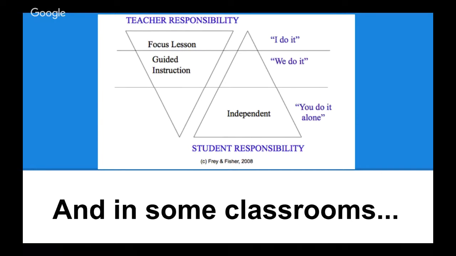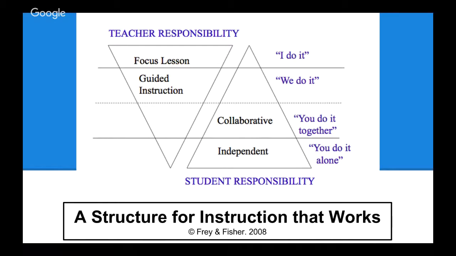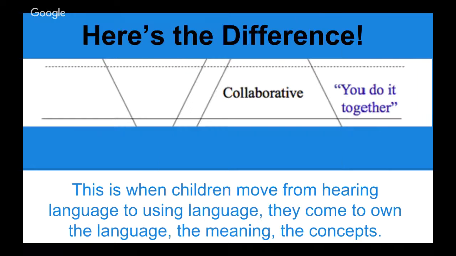So a lot of us got good at the focus lesson, the guided instruction, and then the independent. But what they found was that kids didn't have the transfer that they needed. And so they added this collaborative stage where kids were working and doing it together.